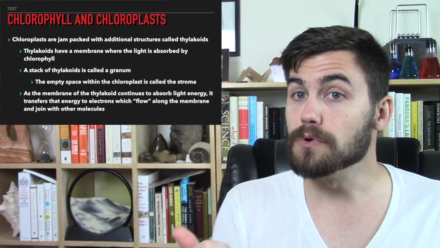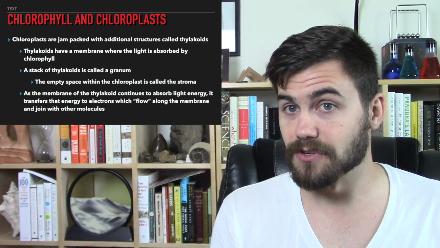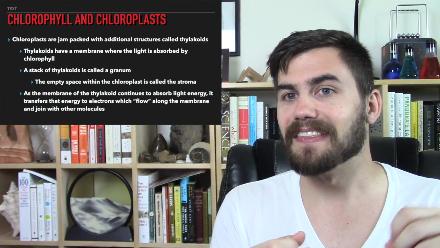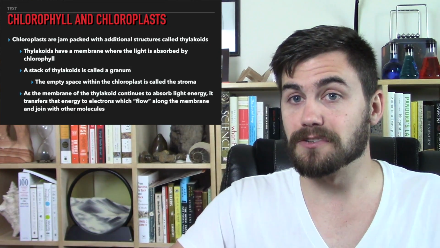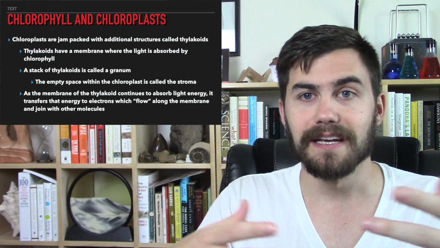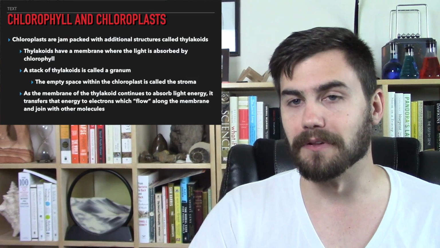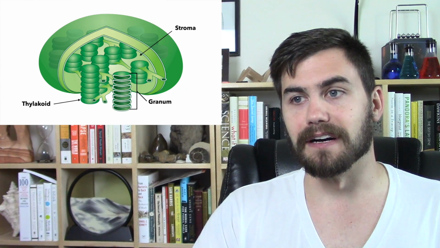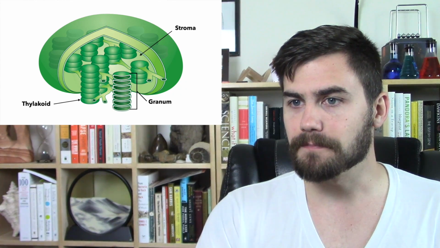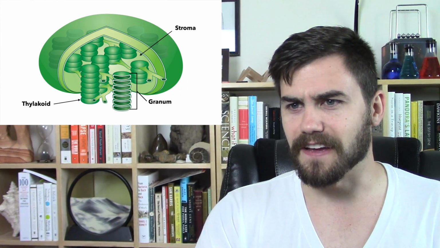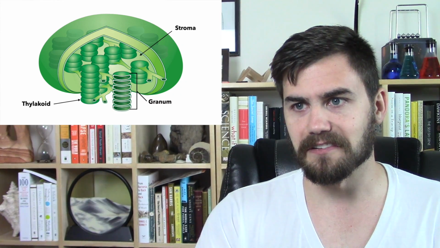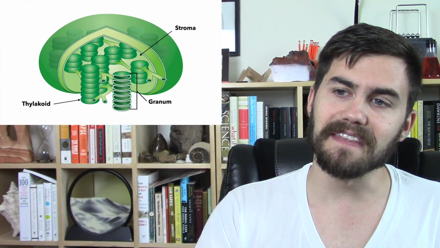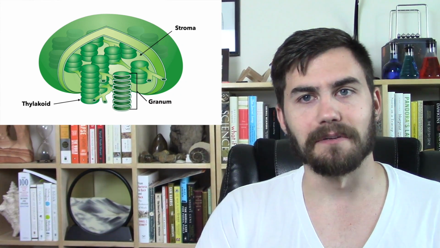Those electrons move down what's called an electron transport chain, and that is used to build up potential energy in order to do some work, which we will jump into very shortly. So here's a simplified model of a chloroplast organelle, and there are the thylakoid membranes; the empty space is the stroma. We don't see the chlorophyll, but it's embedded within that membrane.